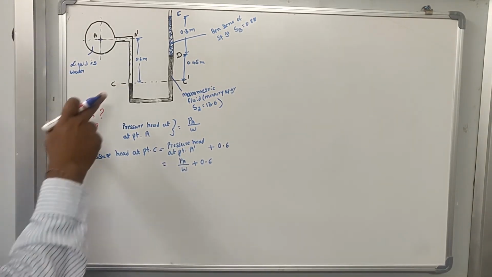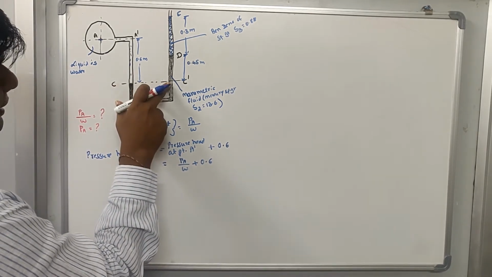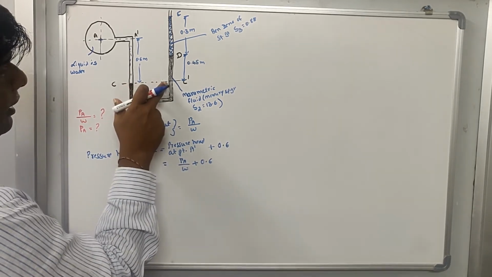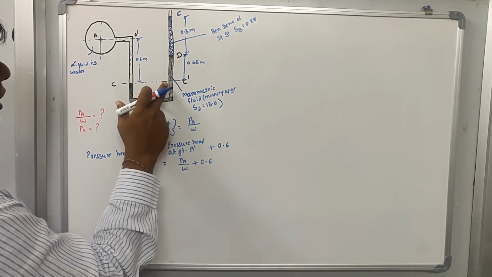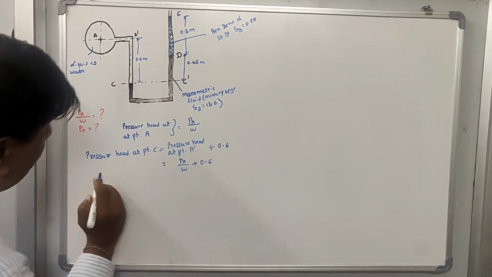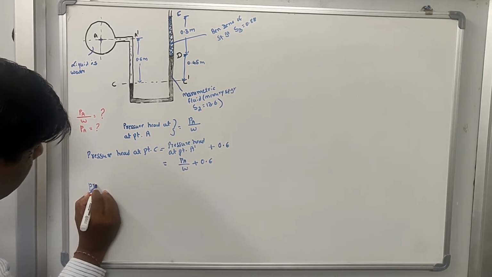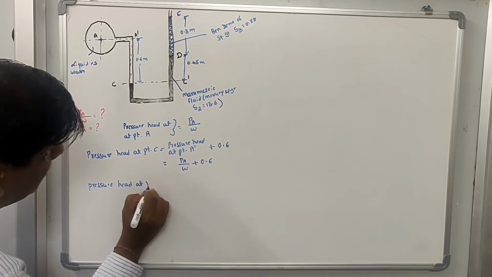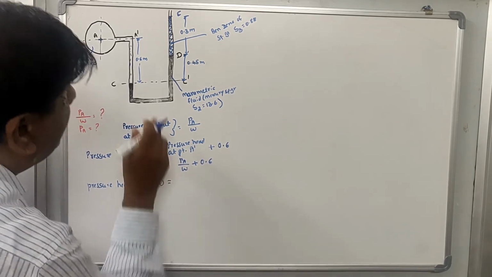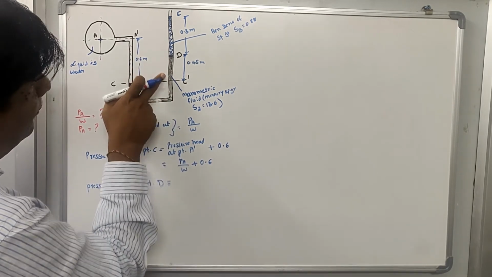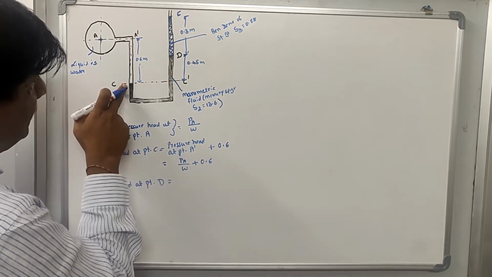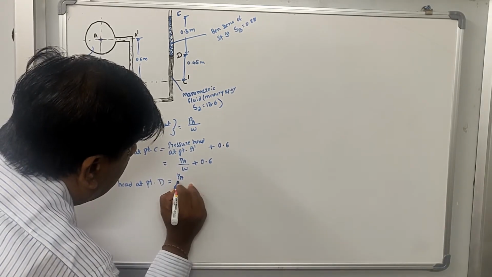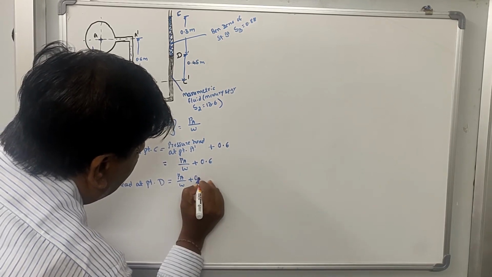Now pressure head at point C is equal to pressure head at point C dash, because both are at the same level. Now next you calculate pressure head at point D. Pressure head at point D is equal to pressure head at point C dash, which is equal to pressure head at point C. So pressure head at point C is PA by W plus 0.6.